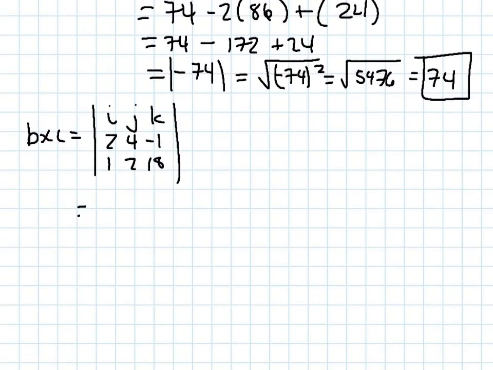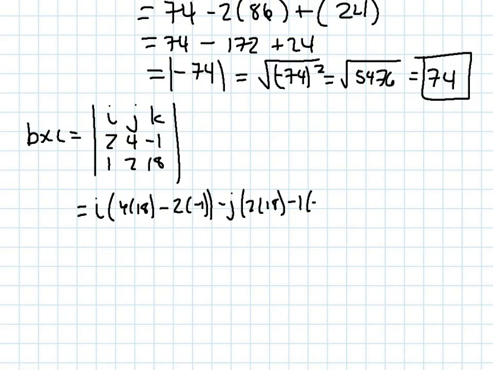Okay, so then here i times 4 times 18 minus 2 times negative 1, and then minus j times 2 times 18 minus 1 times negative 1, plus k times 2 times 2 minus 1 times 4.